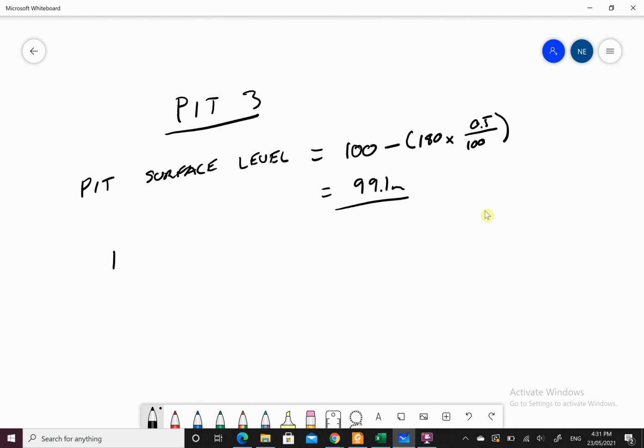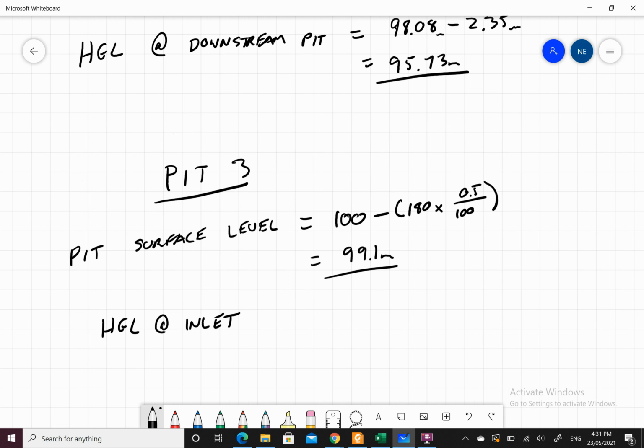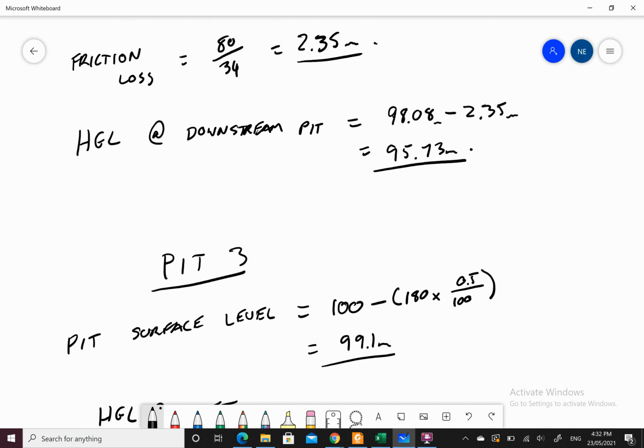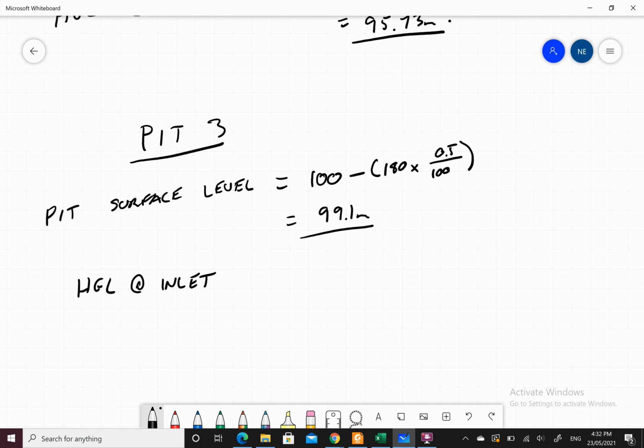So I know my hydraulic grade line at my inlet is this number here, is equal to 95.73 meters.